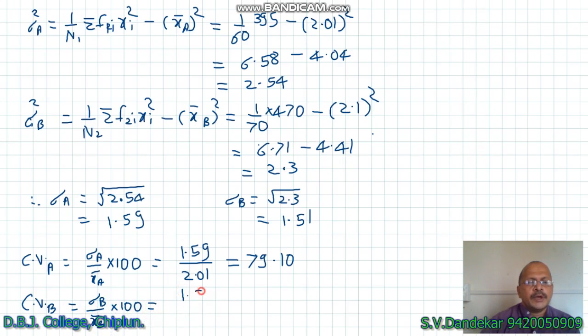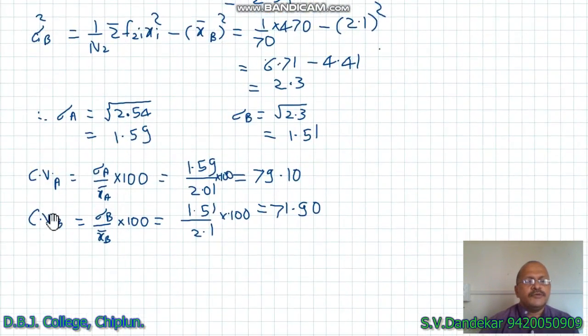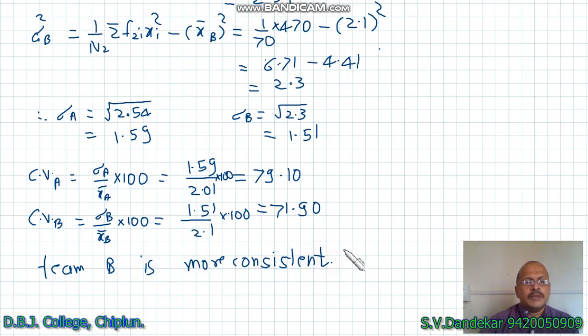It is 1.51 divided by 2.1 into 100. It is equal to 71.90. As CV for B is smaller than CV for A, team B is more consistent. Team B is more consistent.